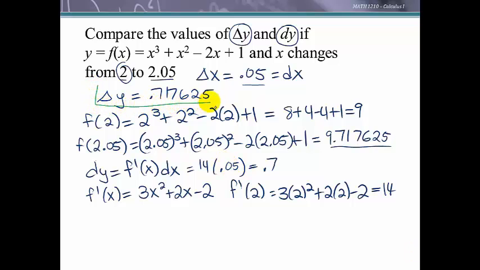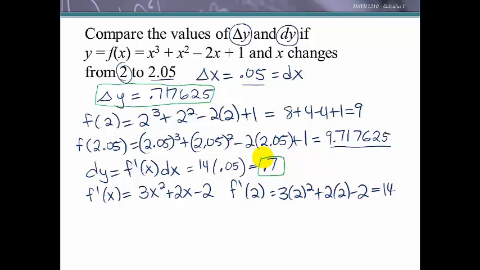So let's compare these values. Our delta y was 0.717625, and that was our actual change in the function as we went from 2 to 2.05. Our change in the linear approximation of the function as we go from 2 to 2.05 is going to be 0.7. We can get an idea of the error if we were doing a linear approximation.